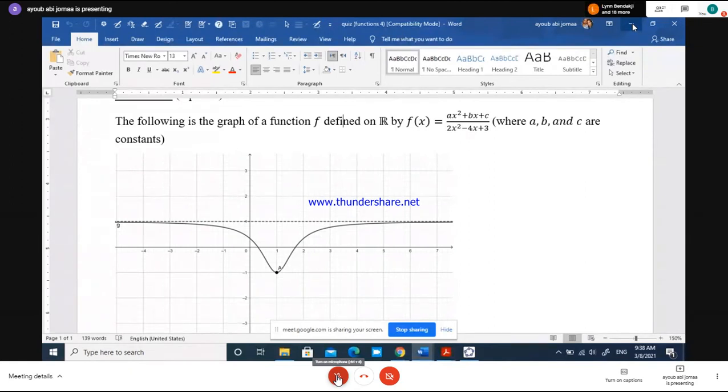Did you write it on your copybook? بس لحظة أستاذ، بعدني عم برسم الجراف. Yeah.